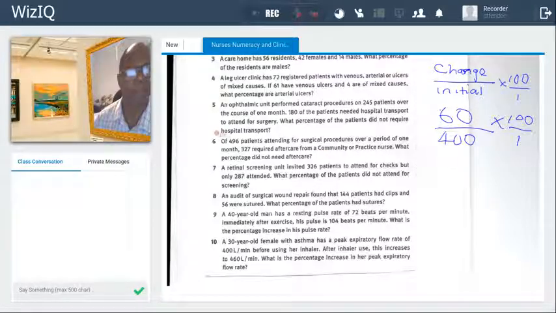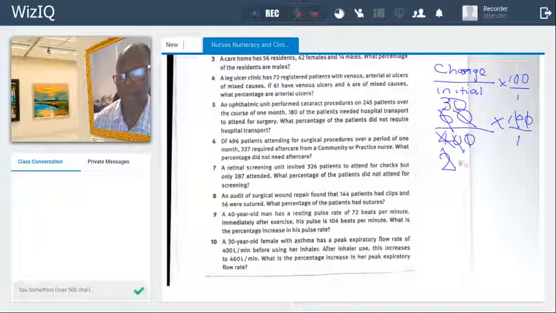So we can cancel this 0 with that 0, and this 0 with this 0. Okay. So what we are left with is 60 times 1. Or we can divide here: 2 into 6 is 3, 2 into 0 is 0. 2 into 2 is 1.